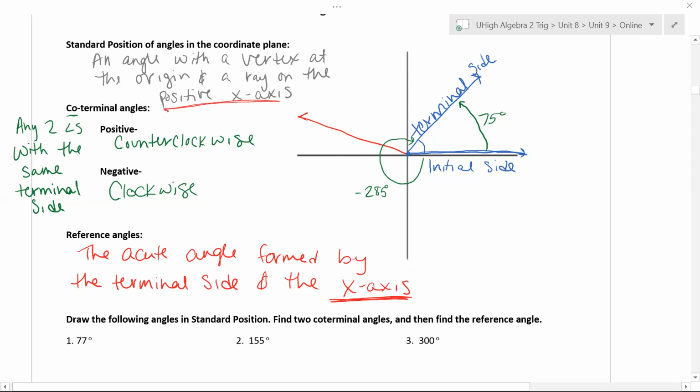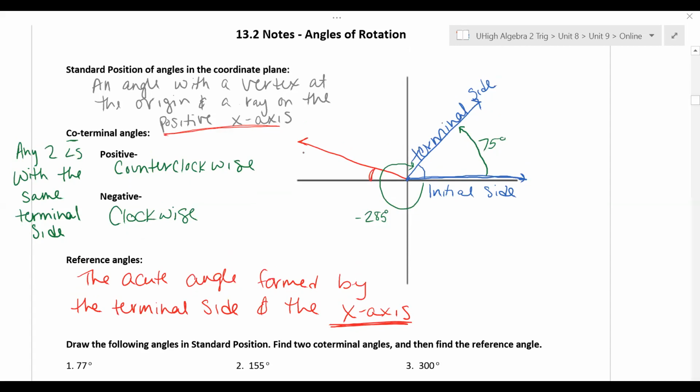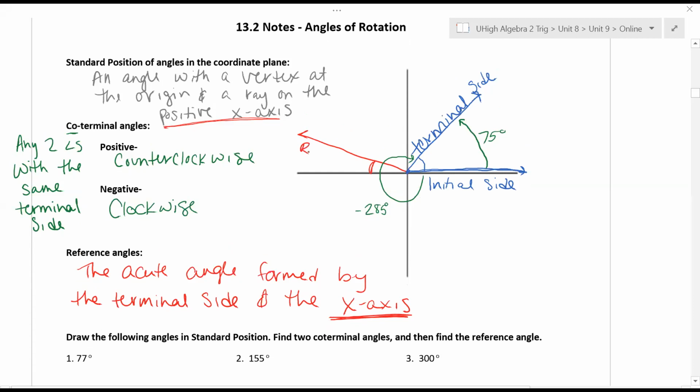So the main difference here is when we have something in standard position, we always want to be going kind of towards that infinity on our x-axis. Whereas in a reference angle, we're just looking at the angle formed by our terminal side and any part of that x-axis, positive or negative. So this red one here is going to represent our reference angle.